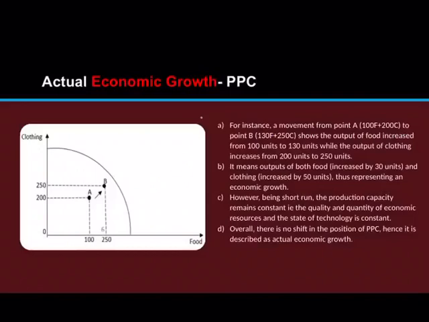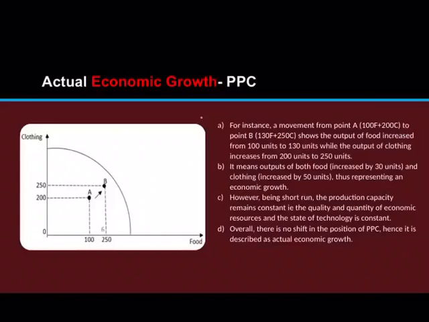Here there's no outward shift in the PPC, only movements of points within the PPC, and you only have one PPC here. It means there's no shift, so the resources are constant. There is no increase in the economic resources in the current period, in the short run.